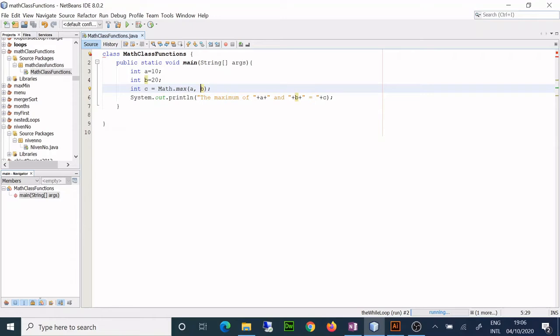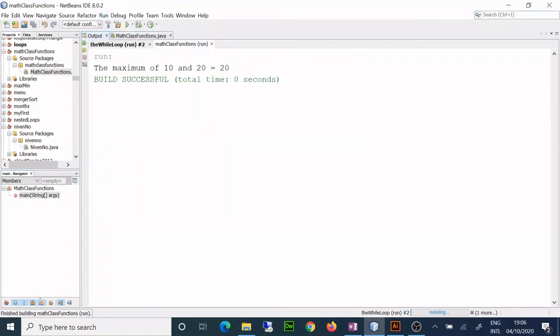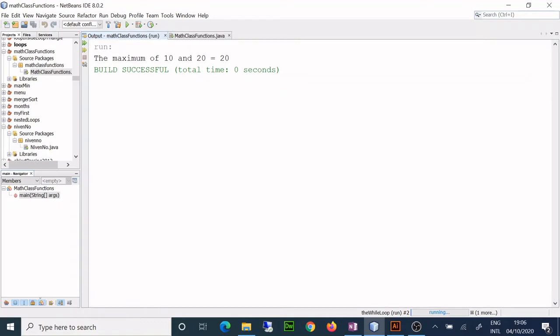I have concatenated it so that it looks a little better, but you can do it simply as well. If I run this program, you see the maximum value of 10 and 20 is equal to 20.